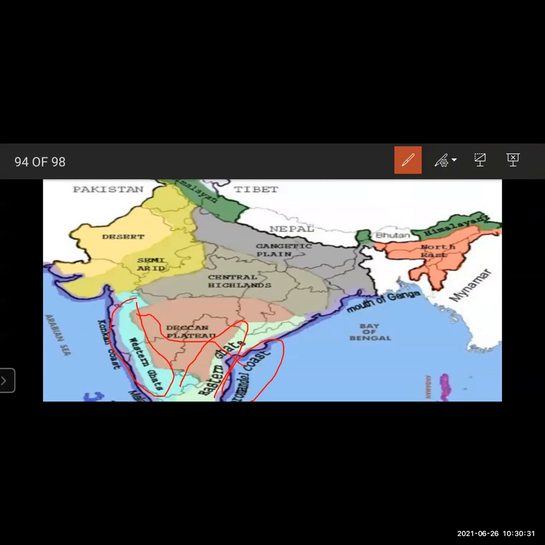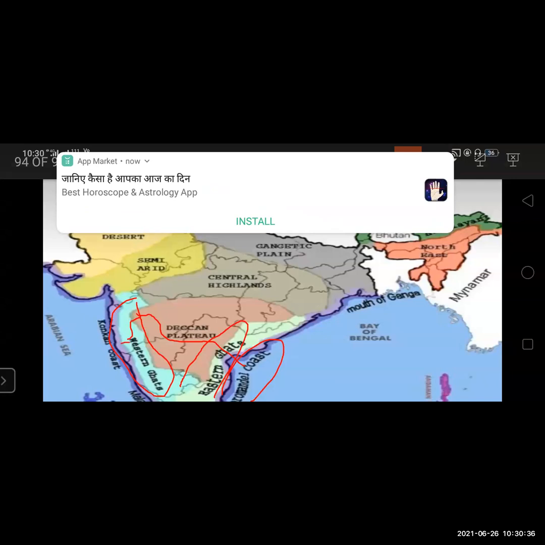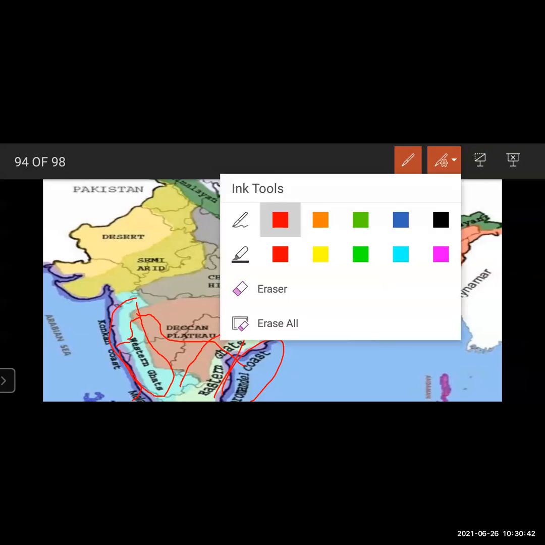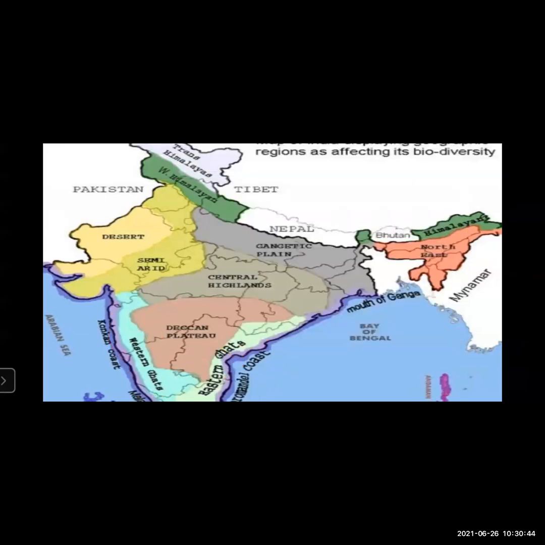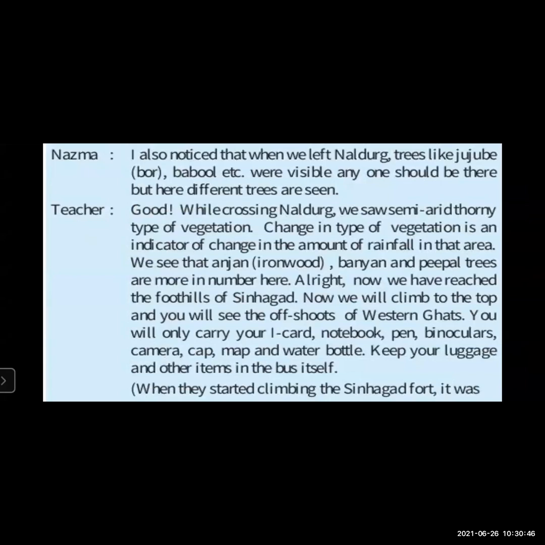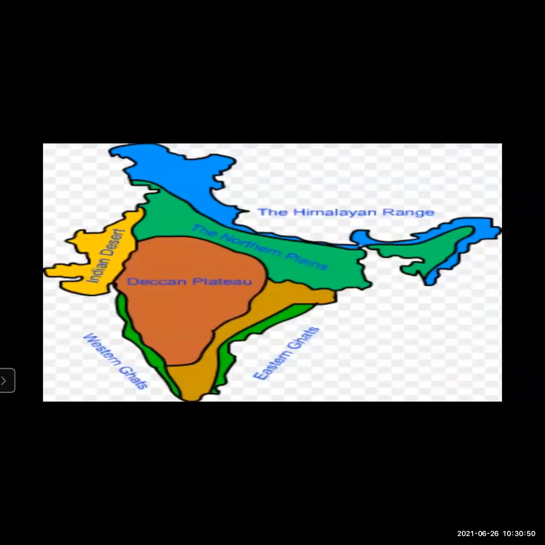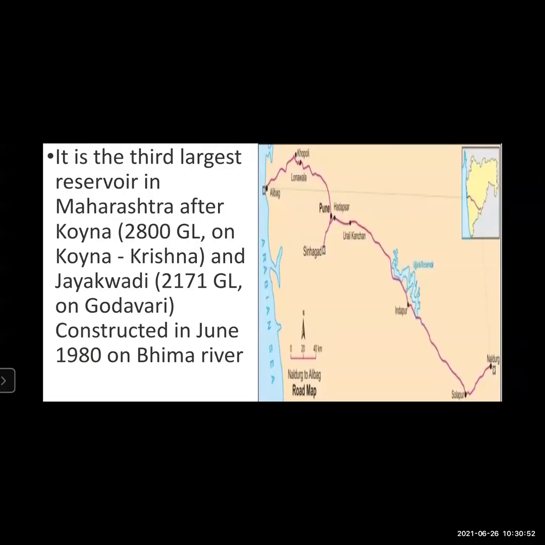So obviously they will halt here and then move to Sindhudurg. See here in the map.